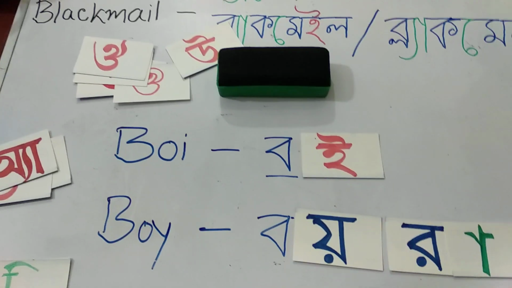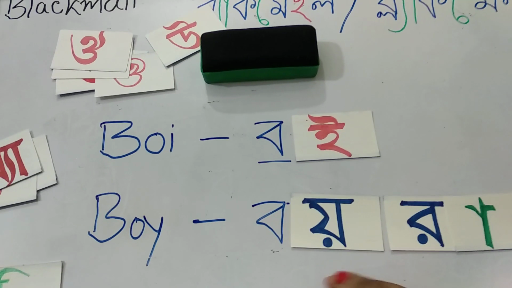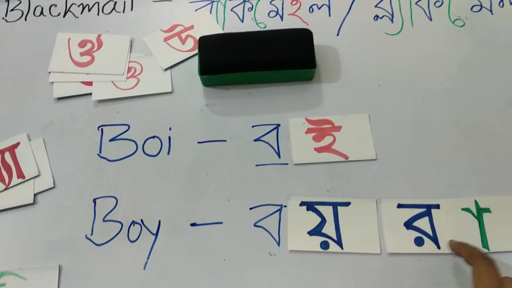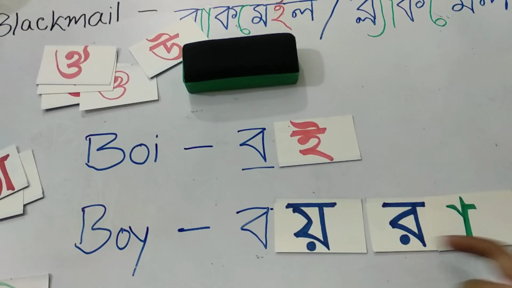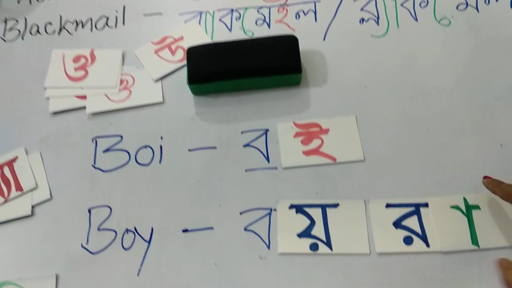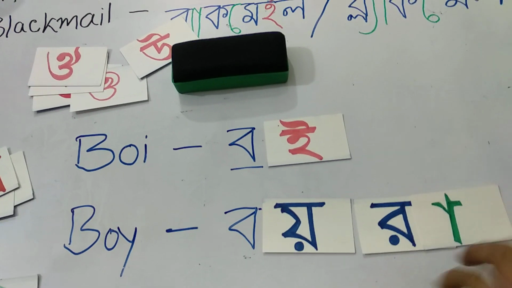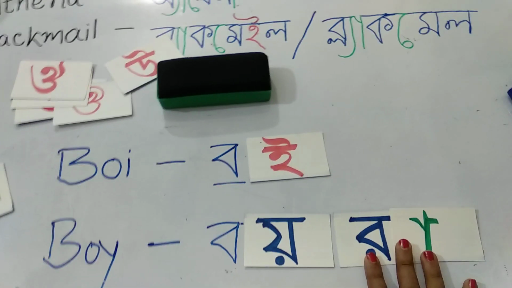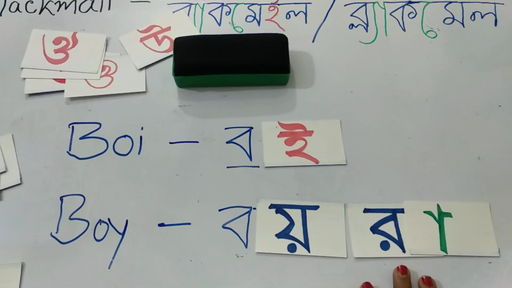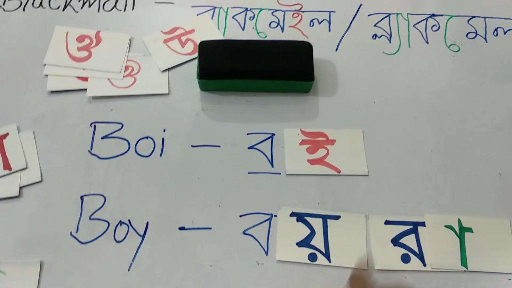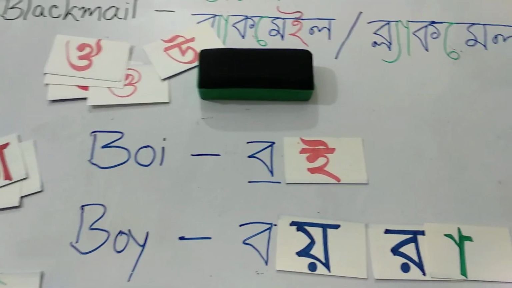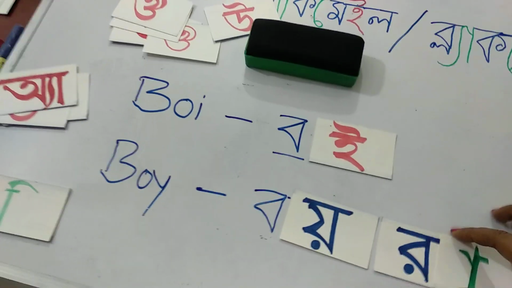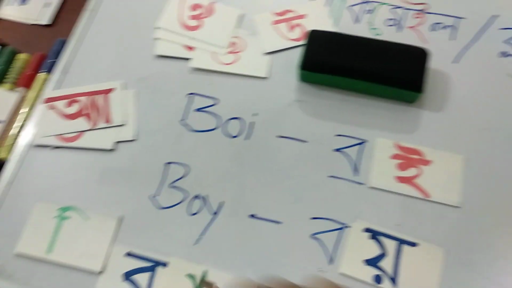Still, it is having the same pronunciation because this letter is being followed by a consonant with "a" ending. Okay, so it was boy before. Now with this "ra," it has become boira. So same pronunciation.